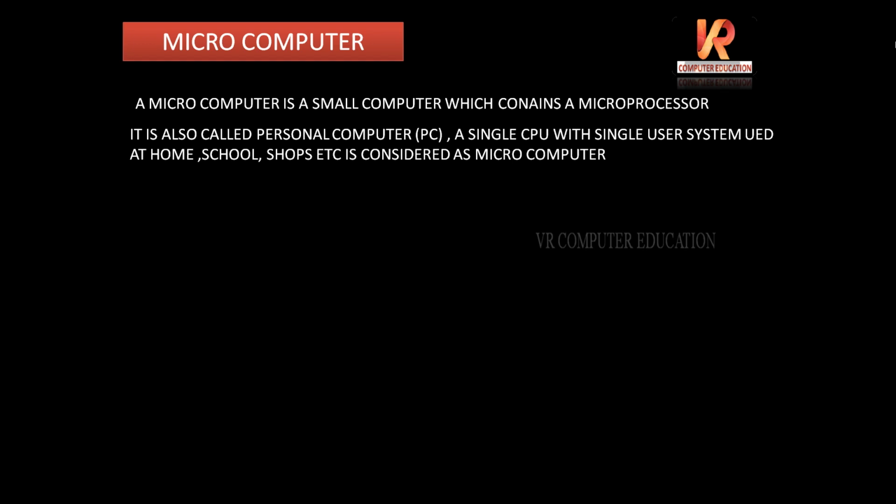A single CPU, single-user system used at home, school, shops, etc. is considered a microcomputer, right? In schools, colleges or shops, used by a single person on a single computer, it is considered a microcomputer.